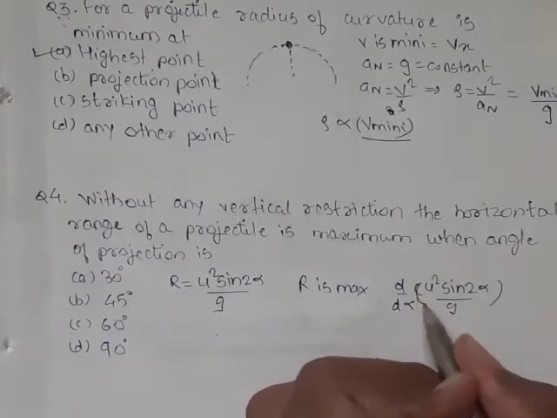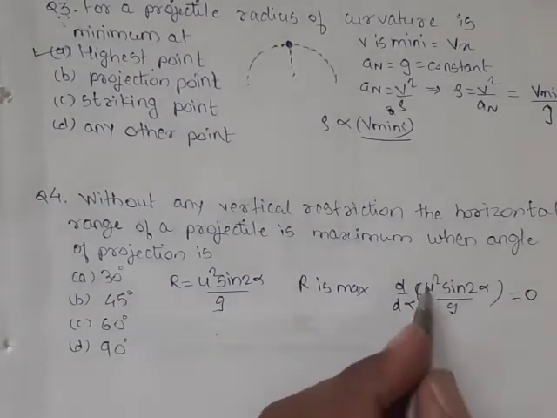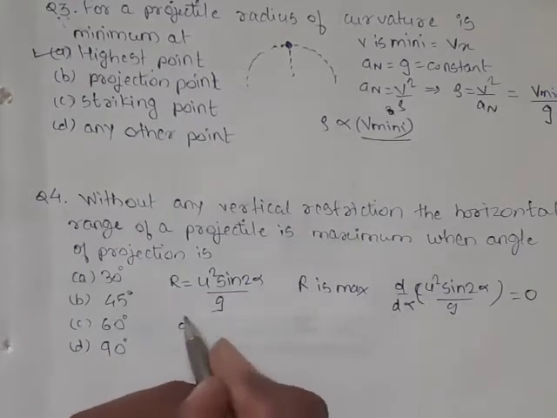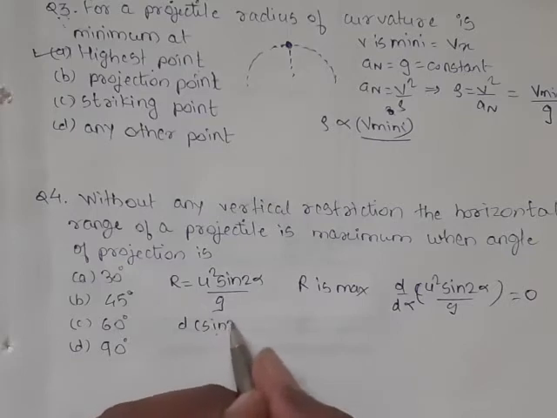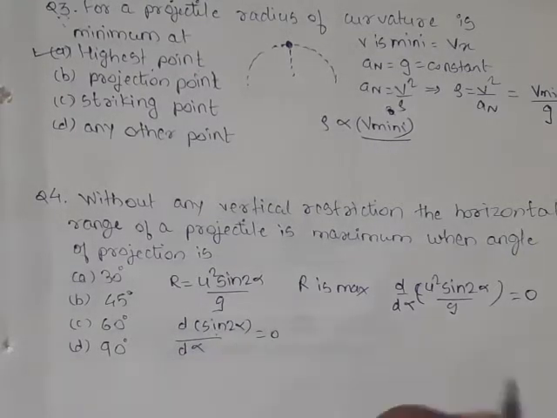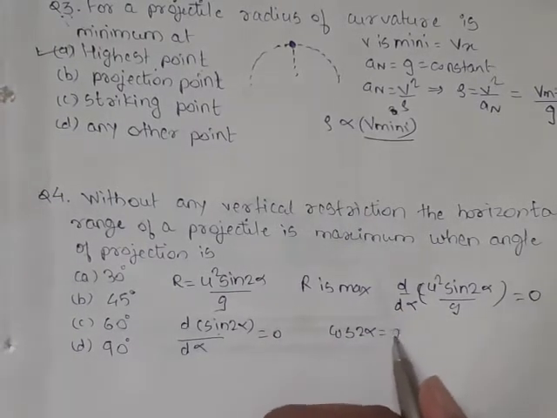To get the maximum value of range, the differentiation should be equal to 0. Here u square upon g is a constant value, so we differentiate only sine 2 alpha with respect to alpha, equal to 0. The differentiation finally gives cos 2 alpha equal to 0.